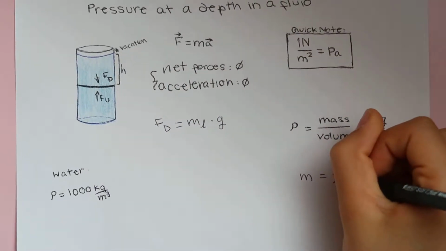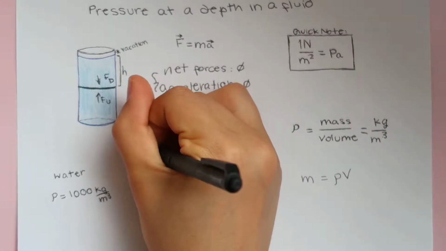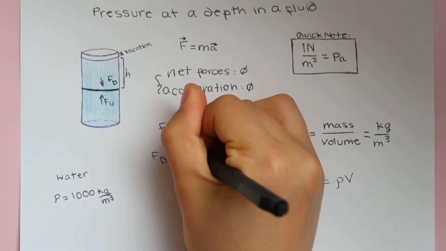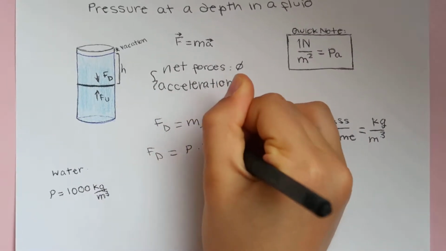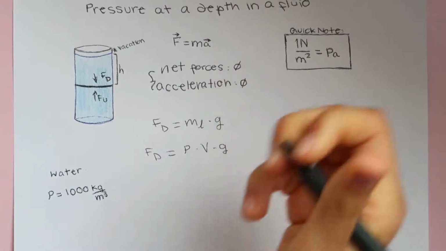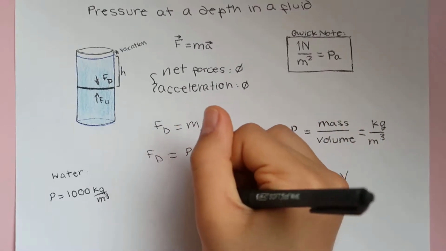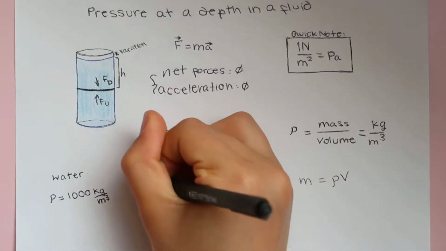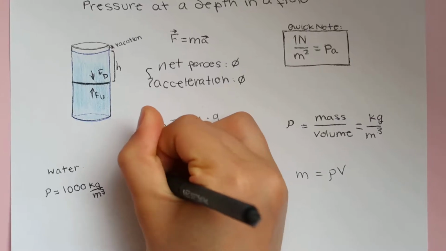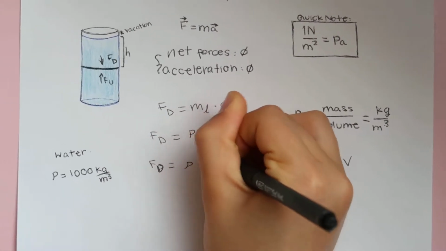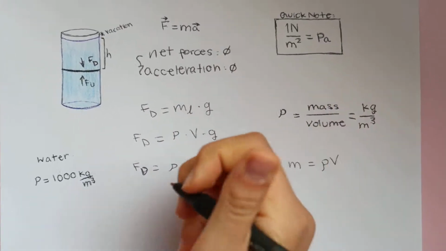We can translate this to the other equation, which would make the force down equal to density times volume times gravity, and volume is equal to height times area, which means force down is equal to density times height times area times gravity.